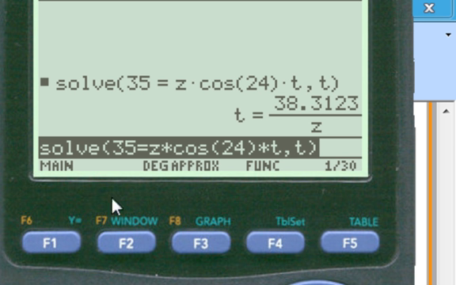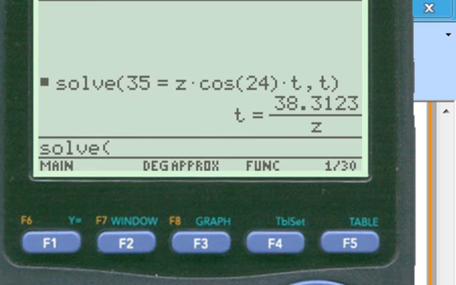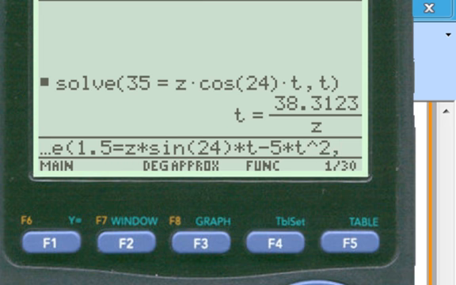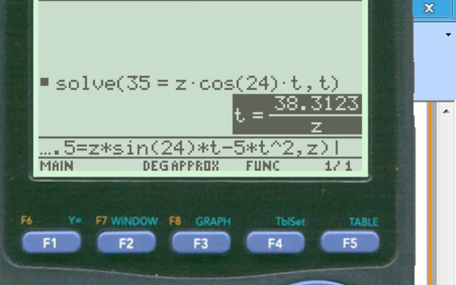Now I want to solve the second equation. So I'm going to put in 1.5 equals v naught, which is the variable z, times the sine of 24 degrees times the time minus 5 times the time squared. I want to solve that now for the initial velocity, z, with all this other stuff up there.